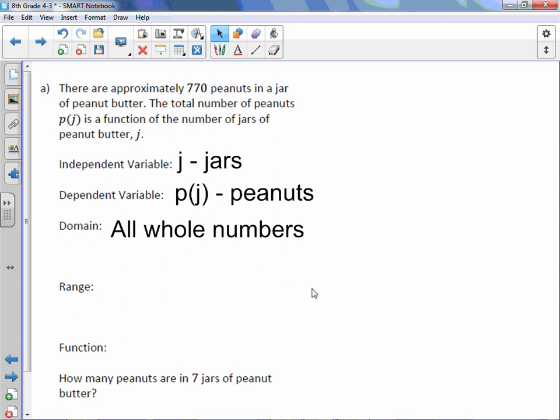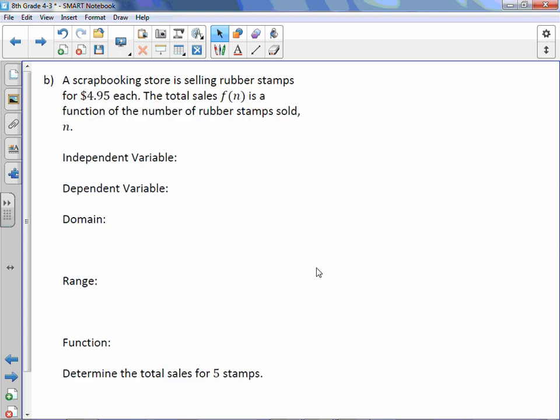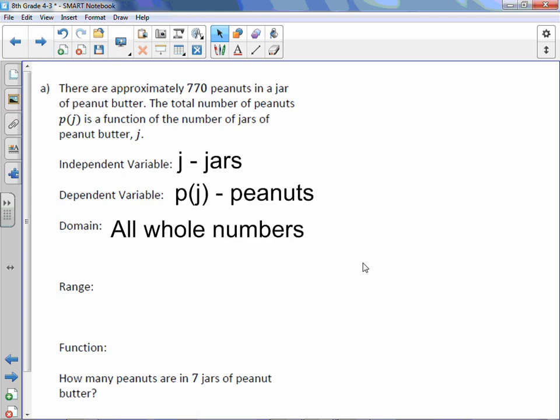The range. These are going to be your y values, or your peanuts in this case. Range is the dependent variable. So let's think about this. We have our domain as all whole numbers. If I have 0 jars, I have 0 peanuts.